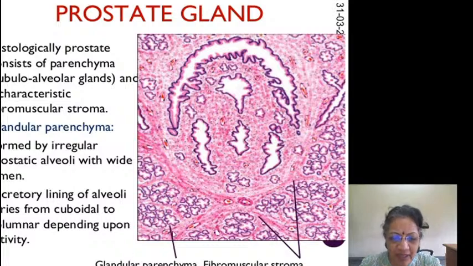This glandular parenchyma is of a simple type, tubuloalveolar glands, irregular alveoli with wide lumen, and cuboidal to columnar cells depending on the activity. If it's in a high activity state, there will be columnar cells, and if it's in a resting state, there will be cuboidal cells, and the lumen will be full of something or the other.